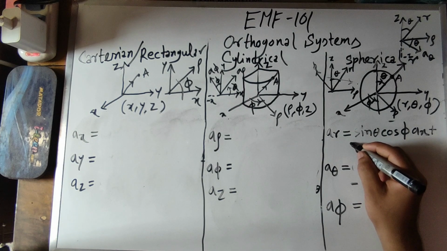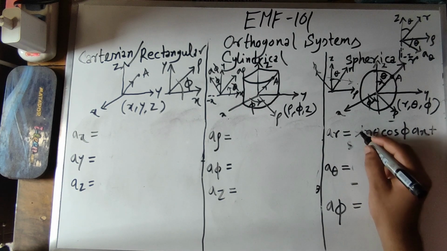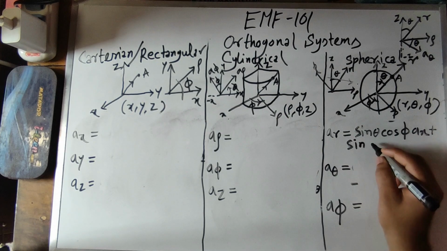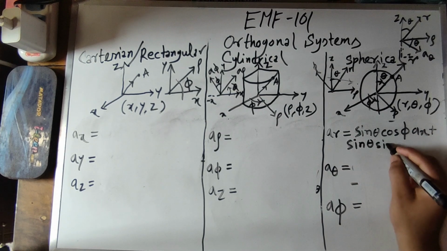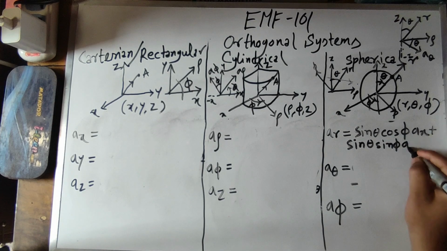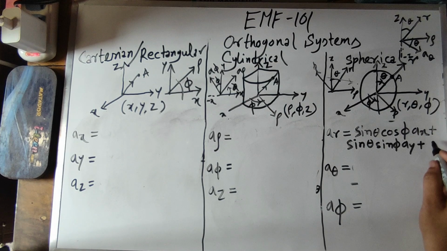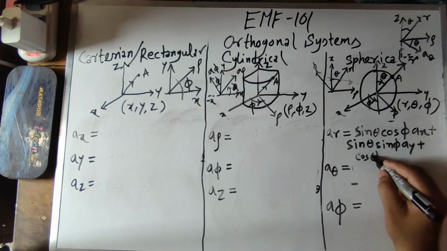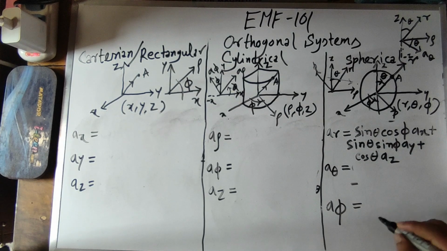So sine theta sine phi with ay in the direction of y. Ar has the component cos theta with az, so plus cos theta az.